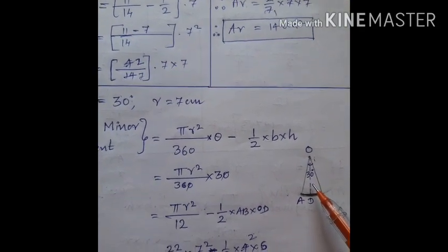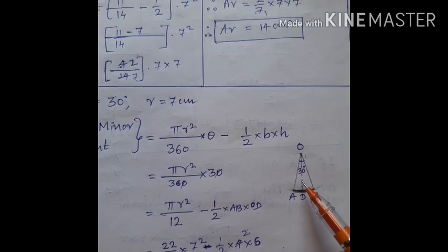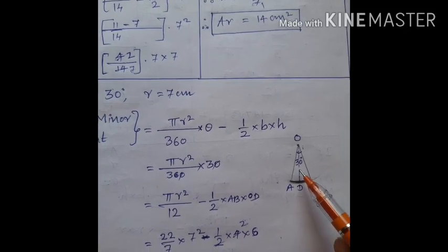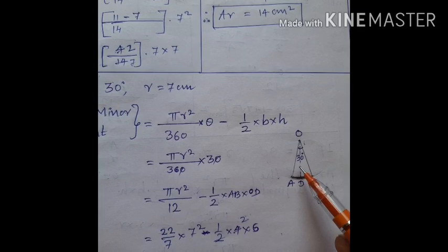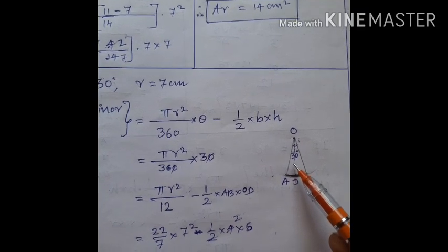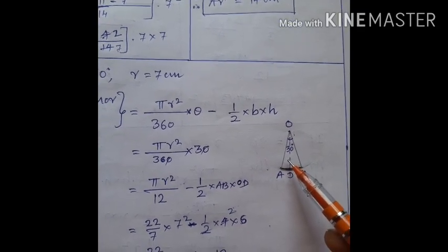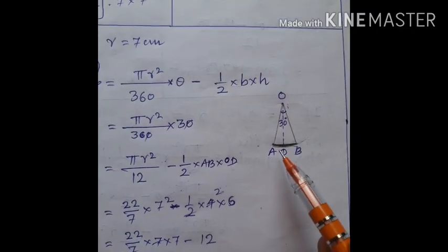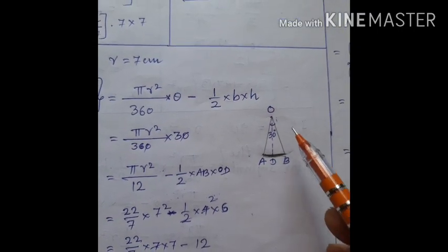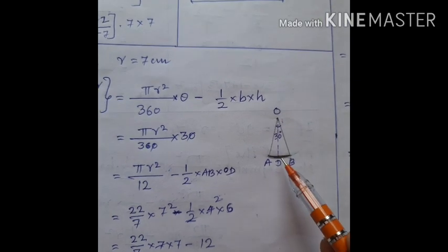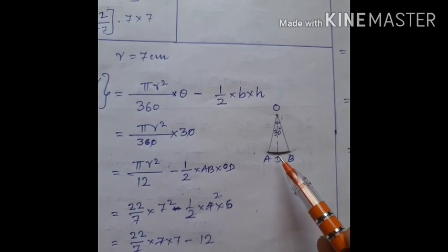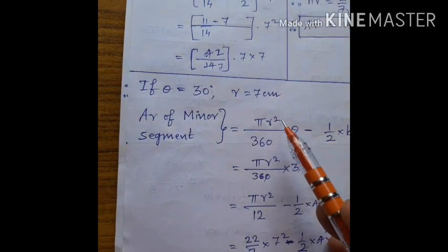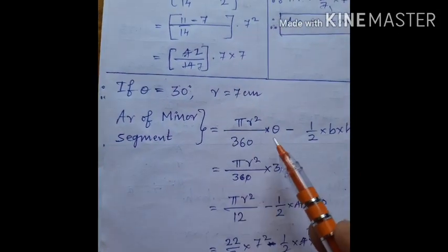Here the triangle is not a right angled triangle, nor an equilateral triangle. That is why we must use the formula half into base into height, and we should find the length of AB and we should find the length of OD. Okay, by any means. Now you see it is pi r square by 360 into theta.